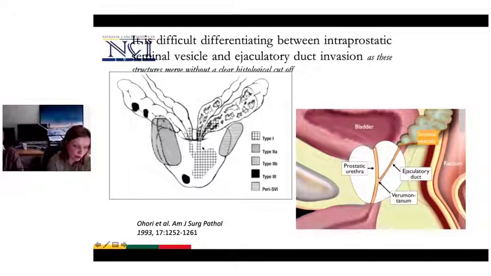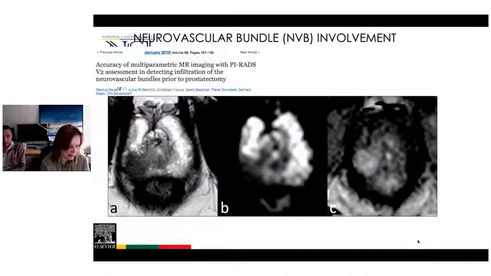Neurovascular bundle, we can evaluate asymmetry, enlargement of this bundle, and of course it's very important also for staging. When evaluating the prostate according to PI-RADS, sometimes we see these changes and we must mention them in our report. But it's very important to know about PI-RADS and multiparametric MRI.